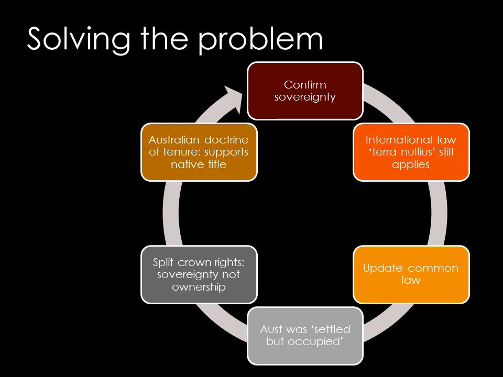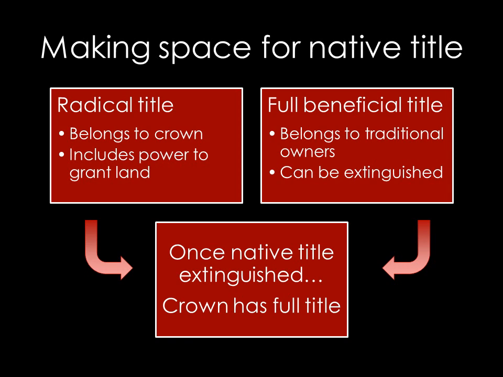So let's see how this is done. The way that the court interpreted the effect of being a settled but occupied nation is that the land law that was received divorced sovereignty from ownership.